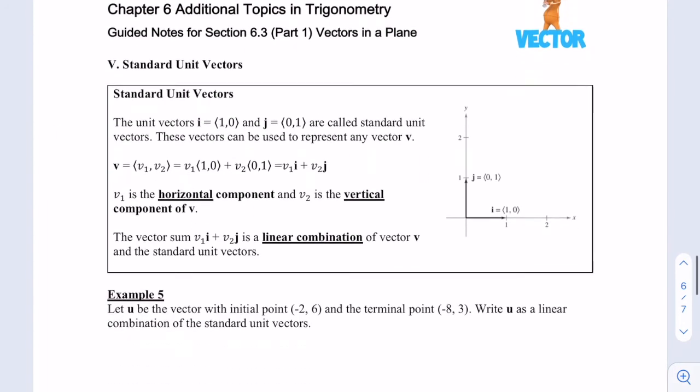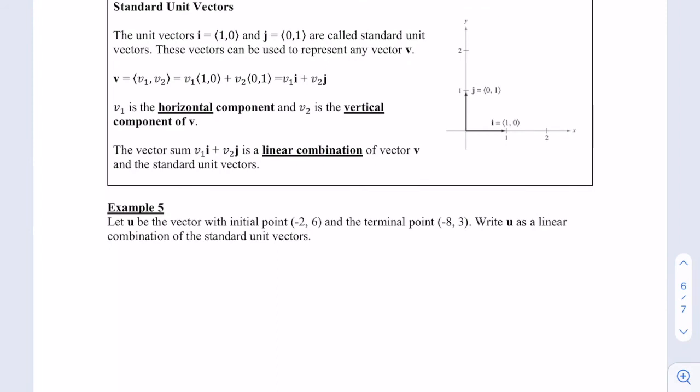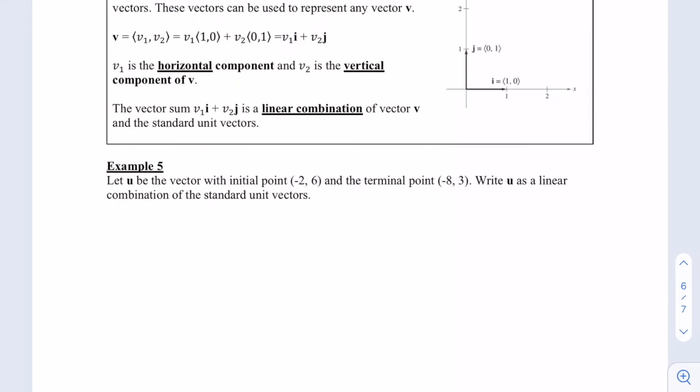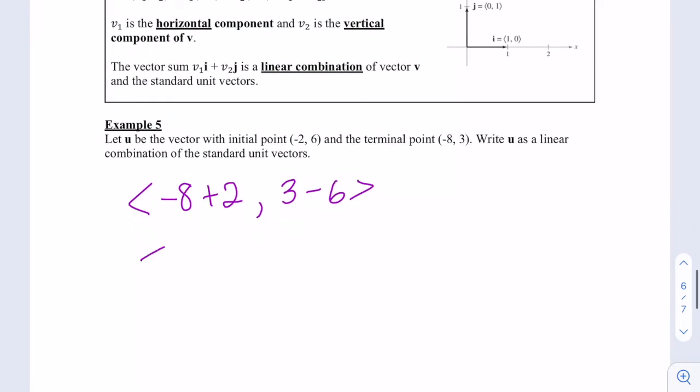So looking at a vector, right? First, if we're given the initial point is (-2, 6) and the terminal point is (-8, 3), the first part is we want to make sure we write that in component form. So in component form, it's just going to be -8 minus -2, which is -6, and 3 minus 6, which is -3. So that's our vector u.